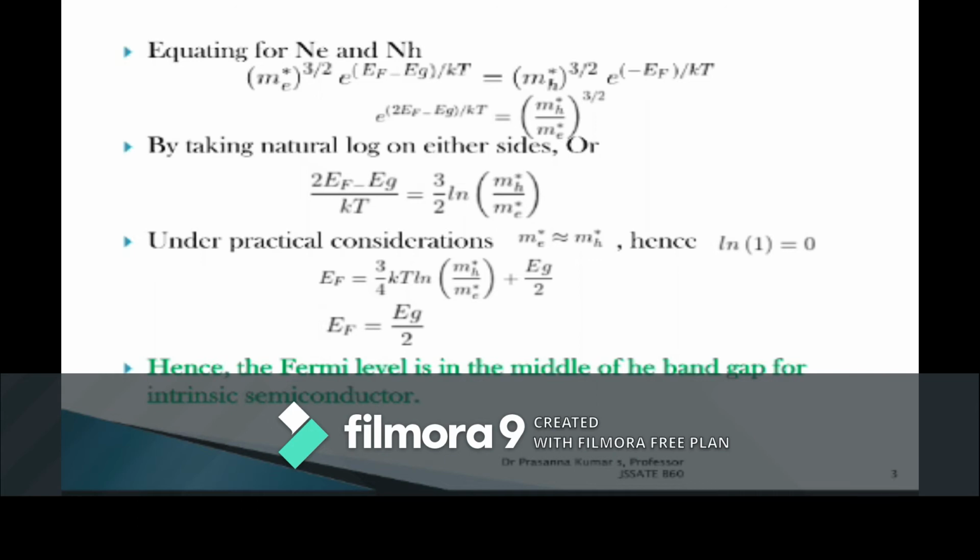Therefore you don't have the first term, that is 3 by 4 kT ln mh by me, so you have only Eg by 2. That's how you can deduce the Fermi energy with respect to an intrinsic semiconductor. It is nothing but half of the energy gap.